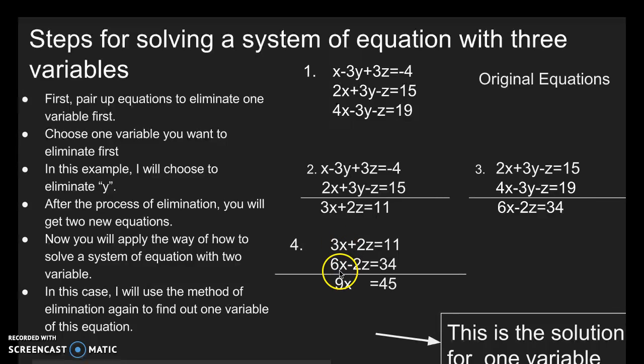So 3x plus 6x equals 9x. 2z plus negative 2z is nothing. And the equal sign: 11 plus 34 equals 45. Now we divide by 9 on both sides. x equals 5. Yeah! This is the solution for one variable.